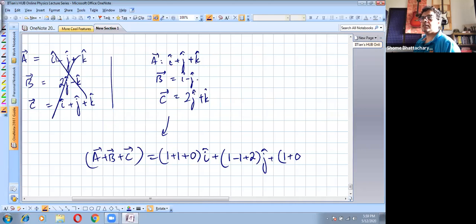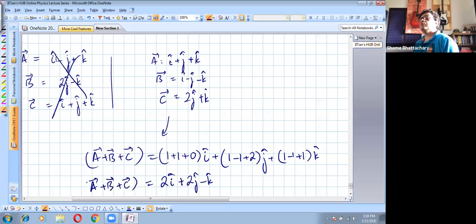I think there was a minus k cap here. So you would have got 2 I cap plus 2j cap minus k cap. This would have been your a plus b plus c as a vector in component form.